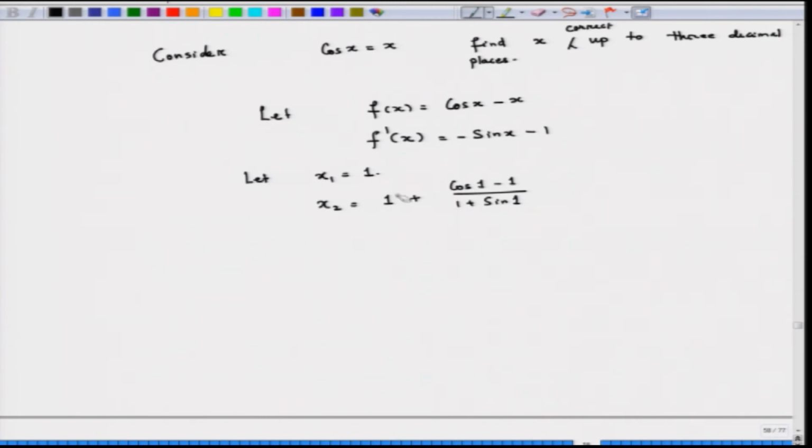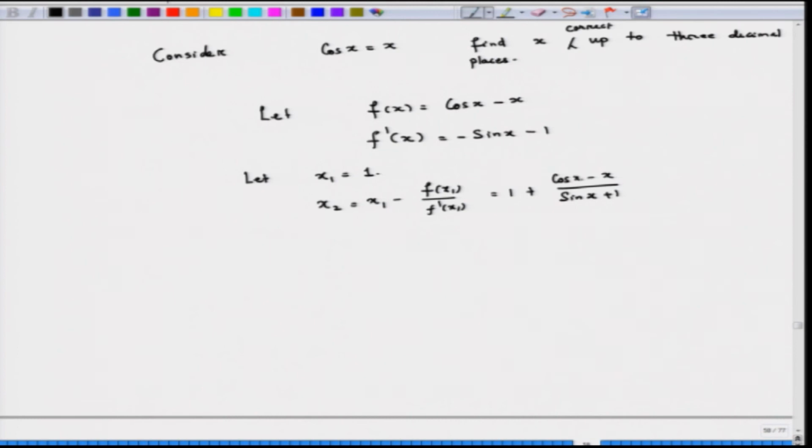because it is x minus f of x by f prime of x. It will be better if I write it in this form. This is x 1 minus f of x 1 by f prime of x 1, which is equal to x 1, we have taken it to be 1, minus cos x minus x divided by minus sin x minus 1, this becomes sin x plus 1.